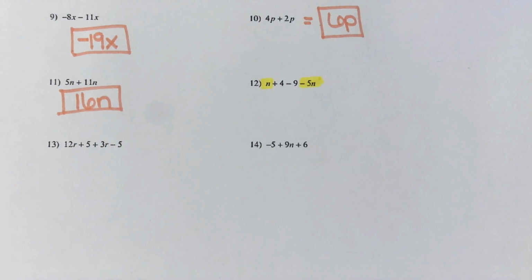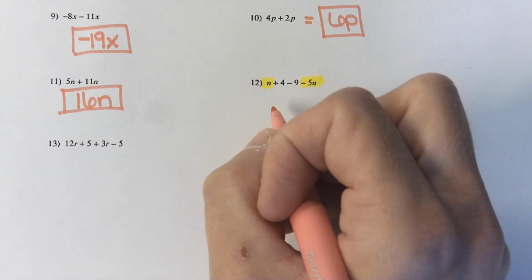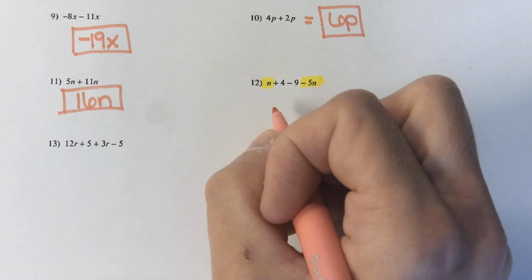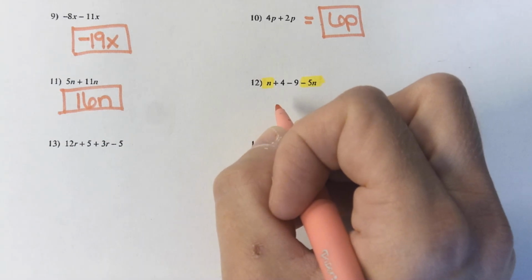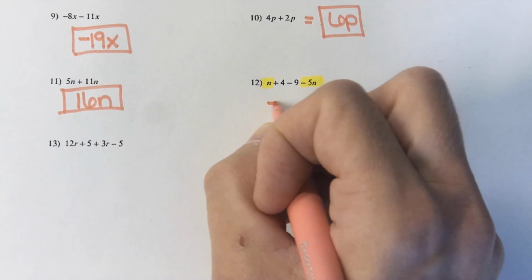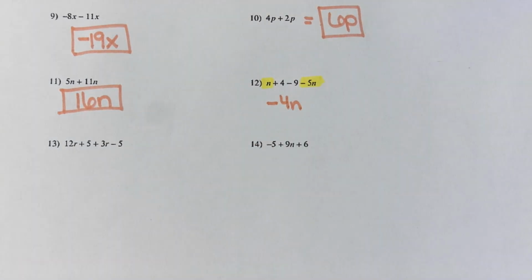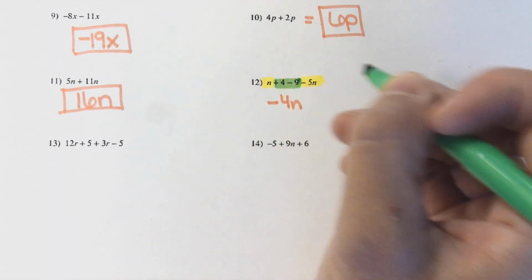If they both have n's, then they are both like term buddies. If I do 1 take away 5, so use your calculator, 1 take away 5, how many n's do I have? Negative 4n, perfect.